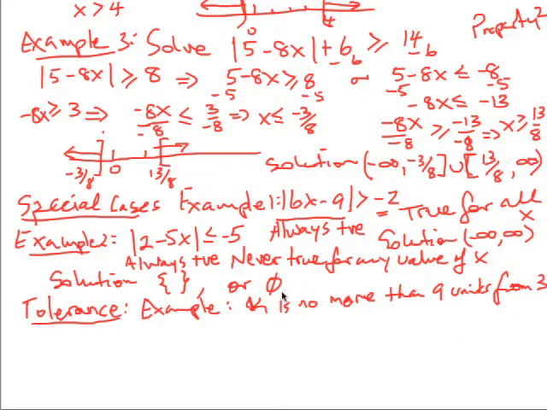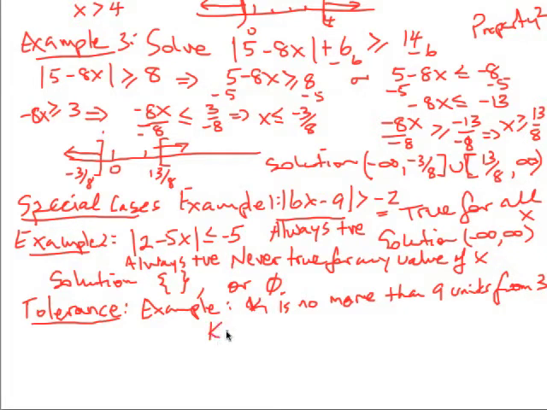Now notice that K is no more than 9 units from 3. So we're measuring the distance between K and 3. This is the most common error, that people think it's from 9, but no, it's 9 units from 3.